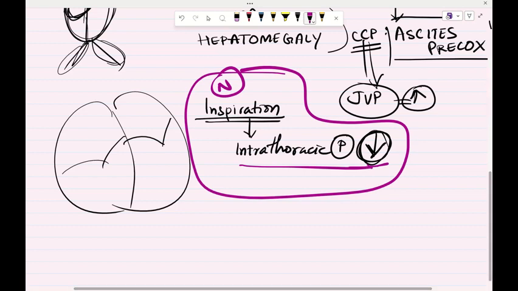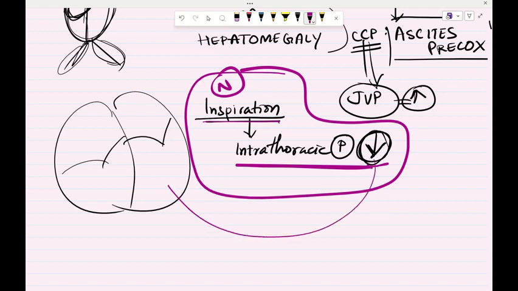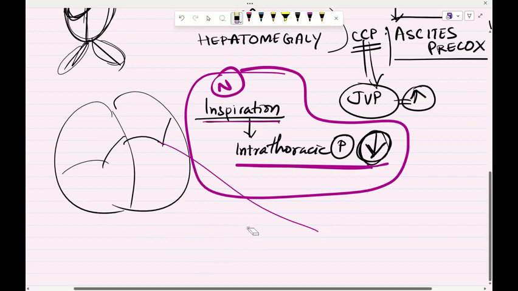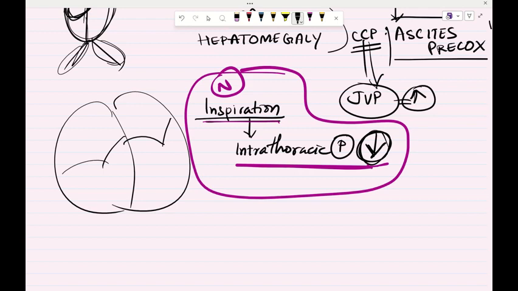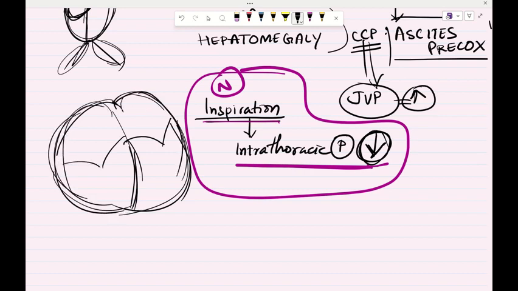But the difference is that normally, when there is inspiration and the thoracic pressure falls, the chambers of the heart will know about it. But here, because of the very thick pericardium that you have, outside things are not known by the inside heart. The chambers don't know what is happening outside.